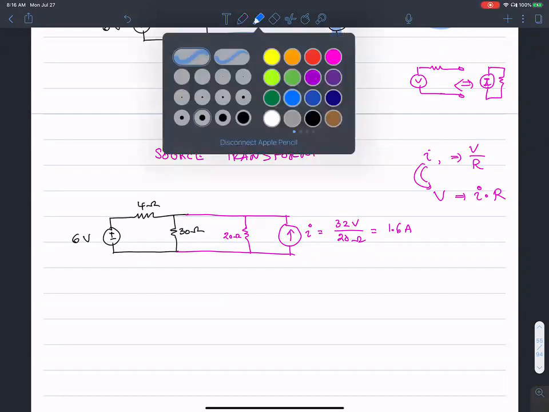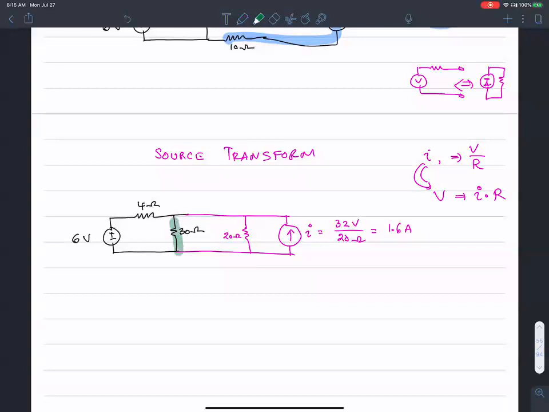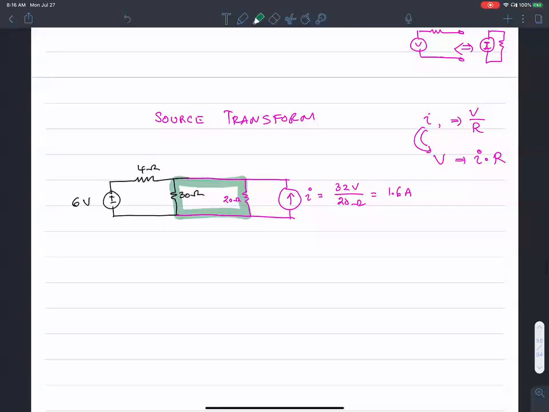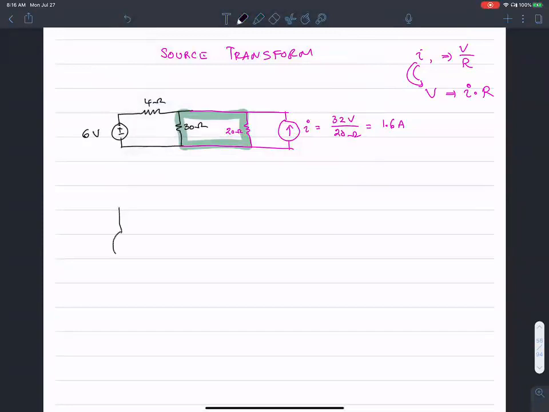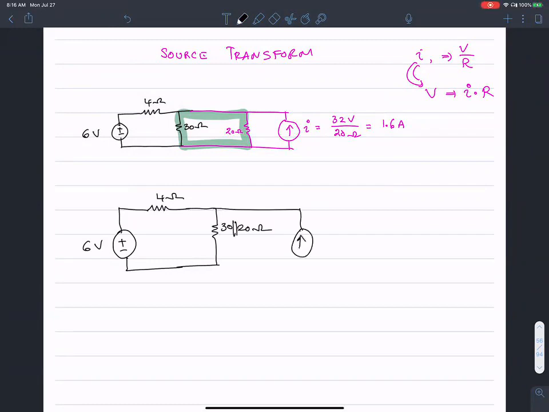Now let me see if I can further simplify. I can further simplify by noticing that these two resistances, 30 ohm and 20 ohm, are in parallel. So I'm going to leave the rest of the circuit as is, the 6 volt source and my 4 ohm resistance, and convert this 30 in parallel with 20, leaving the current source as 1.6 amperes as is.